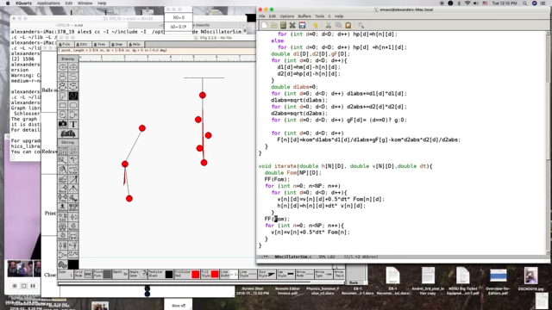Then we do it again, and we apply the same thing for n equals np, and now we have to do this for all the dimensions again. Yeah, d smaller than d, d plus plus.